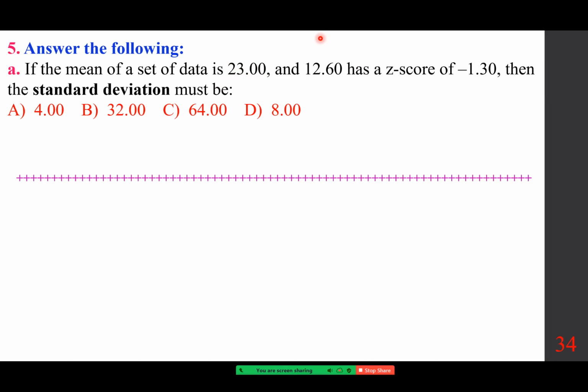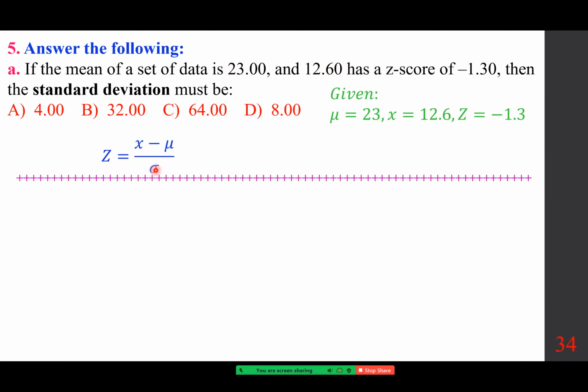This is some x score, and this is the z-score. I'm going to give you the given, and I'm going to give you the formula for the z. You have access to the formula sheet. This is x minus mu over sigma. We want to find sigma, we want to find standard deviation.